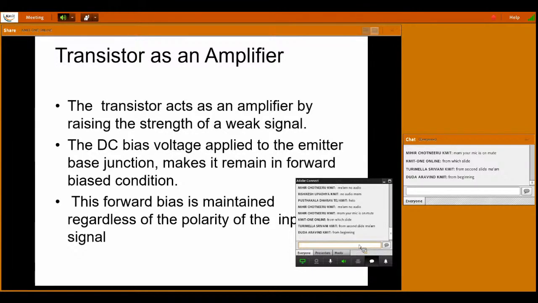Now, this amplifier consists of a transistor which is biased in the active region so that the transistor can act like an amplifying device.